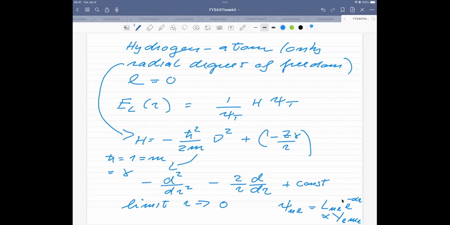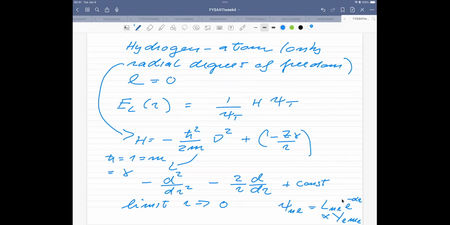So for the case where we put L equal to 0, this function here is very simple. It's just an isotropic function in space as a function of the angles, and it's 1 over square root of 4 pi. Then the Laguerre polynomial here is just 1 for L equal to 0. And then we are just left with this term times the normalization constant. So the wave function is given by something which goes like an exponential with an argument minus r times a constant. Actually, this alpha, which you see here, is proportional with the Bohr radius.